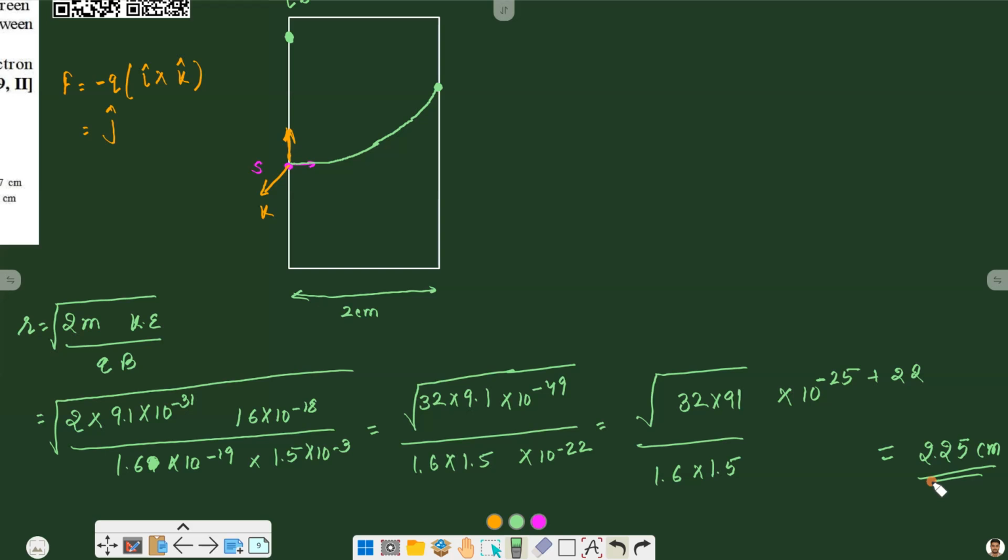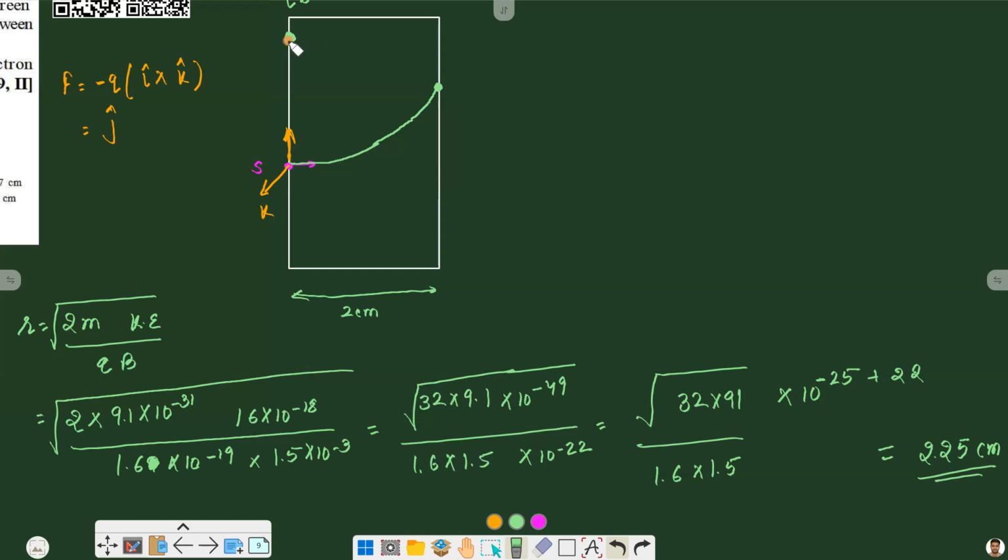Now, as we know that in case of magnetic force, direction of force keeps on changing always. Due to this, the charged particles keep on revolving in a circular orbit. So to find this point, we have to find out theta, what angle it is making with respect to center.